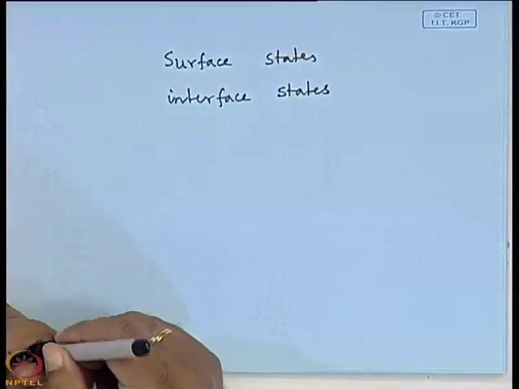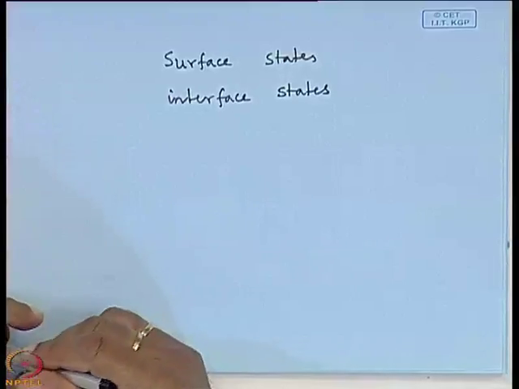What is pinning of Fermi level? When metal is deposited on the gallium arsenide, there will be a change of Fermi level, that we have seen. But the surface states in gallium arsenide pin the Fermi level.